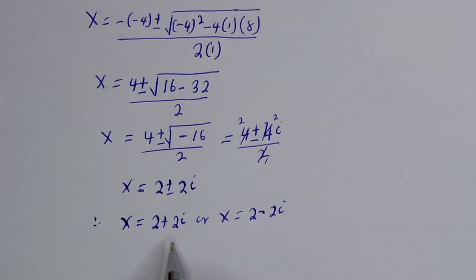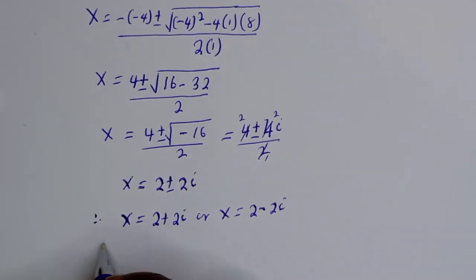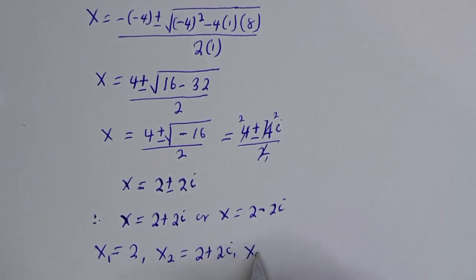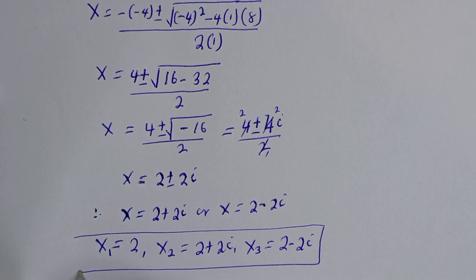These are complex solutions. Our final answers are s1 is equal to 2, s2 is equal to 2 + 2i, and s3 is equal to 2 − 2i. This is the final answer.